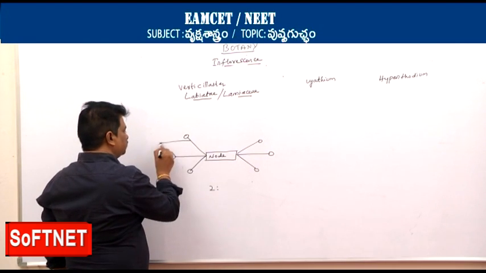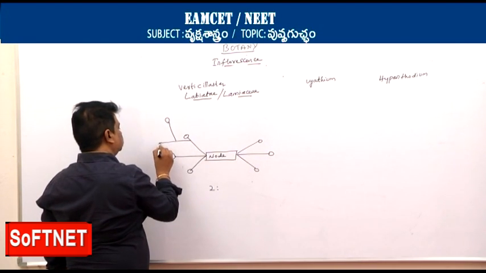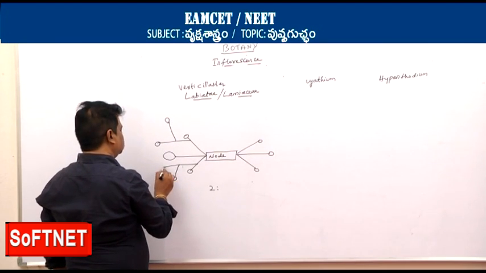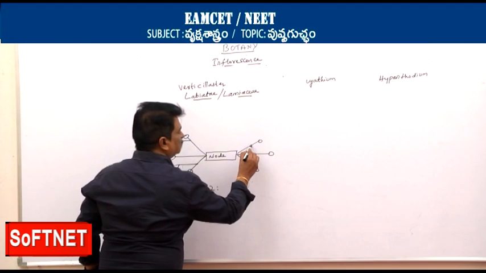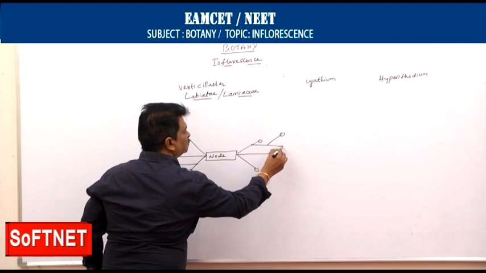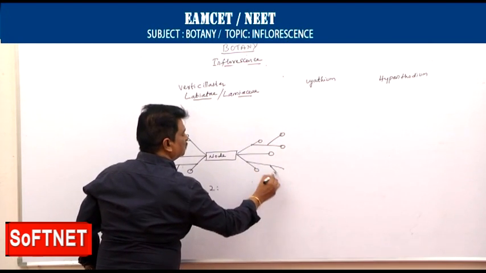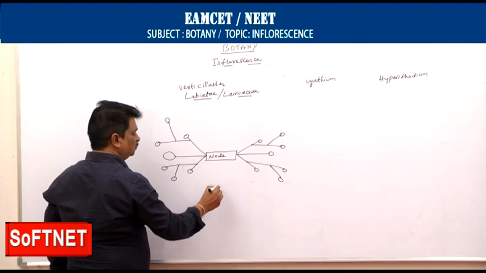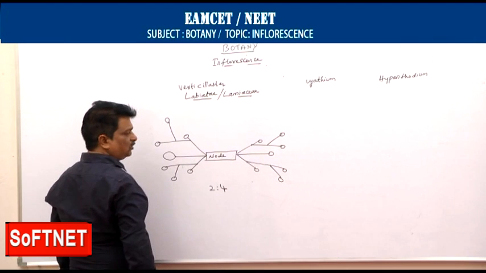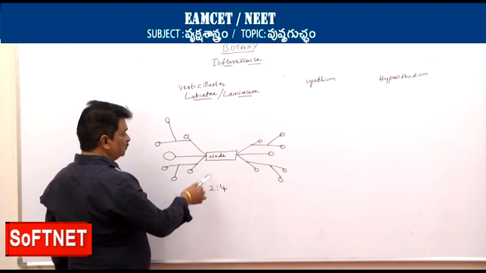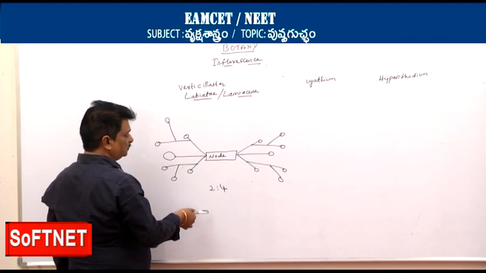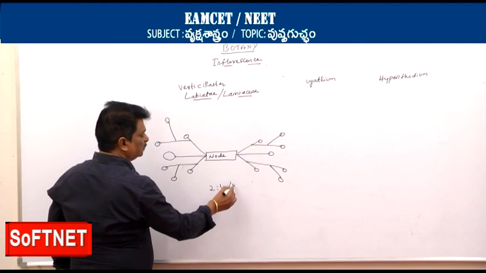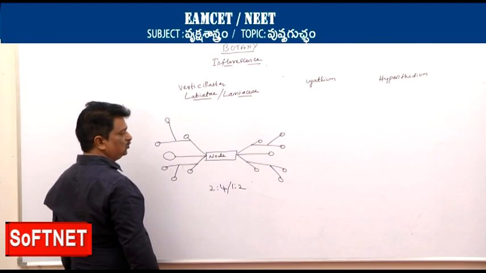And each dichasial ends with scorpioid cymes: 2 on each side. So the number of dichasial cymes is 2 and the number of scorpioid cymes is 4. In verticillaster, the ratio of dichasial to scorpioid is 2:4, which means 1:2.